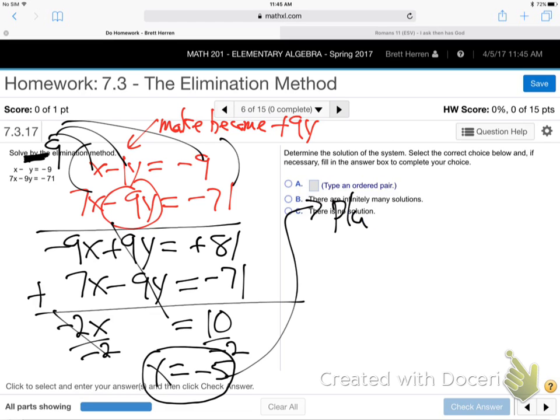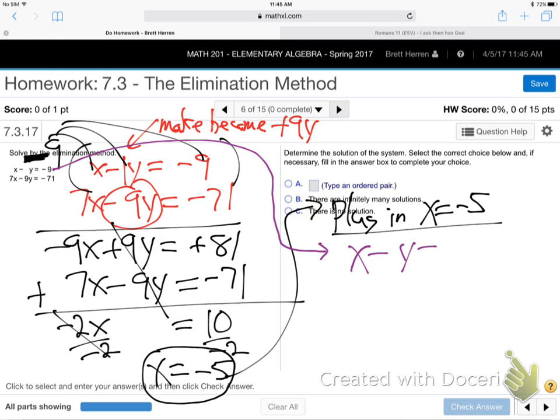Now we plug in x is negative 5. Where do we plug it in? Either one. Let's grab the top equation. So x minus y is negative 9. Put that in there. Negative 5 minus y is negative 9.